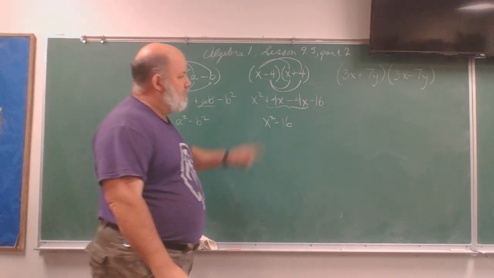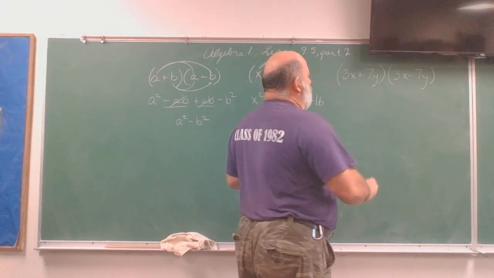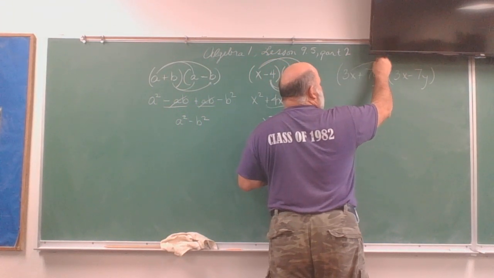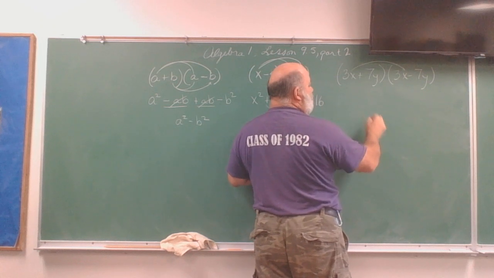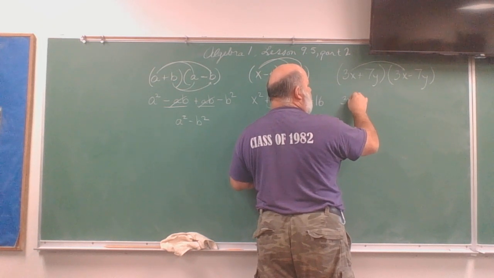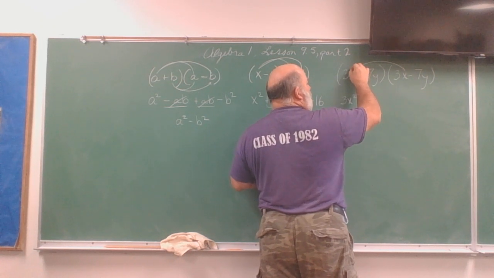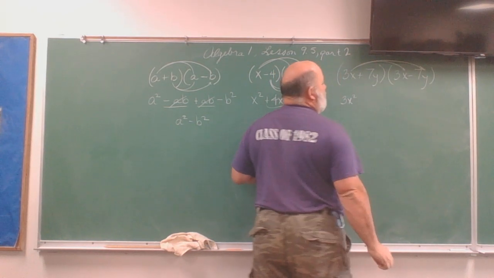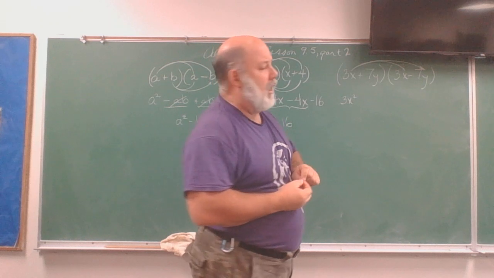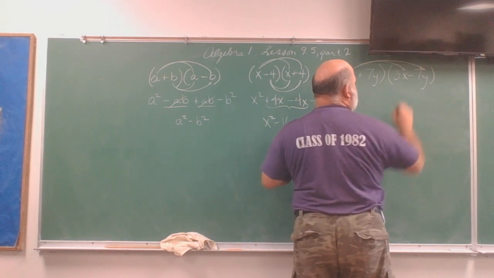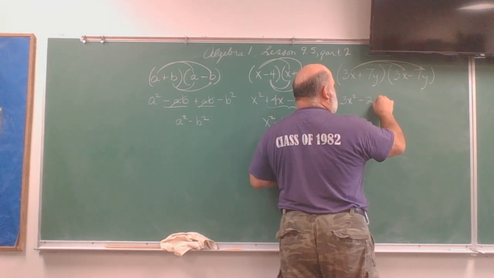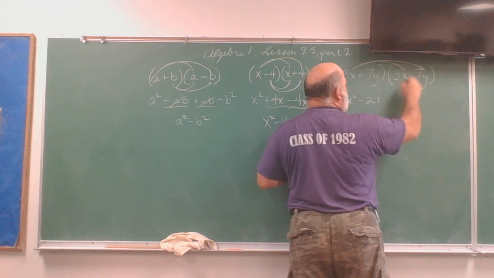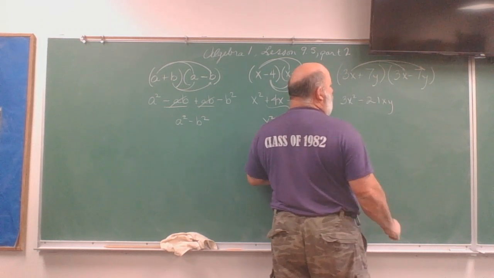Watching for patterns. Let's go ahead and do the last one. We're going to multiply 3x times 3x, our first term. That gives me 3x squared. Our outer terms, 3x times negative 7y. 3 times negative 7 is negative 21, and we have to have the x and the y.